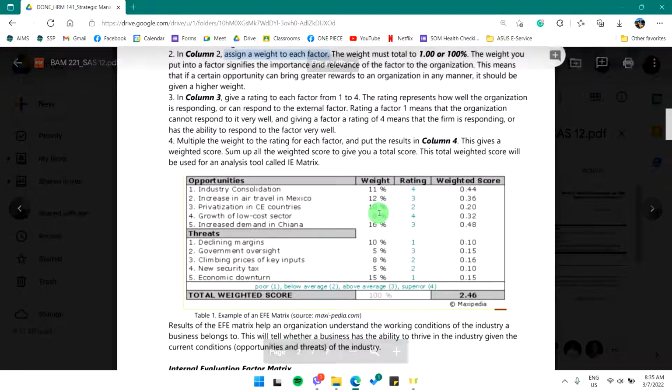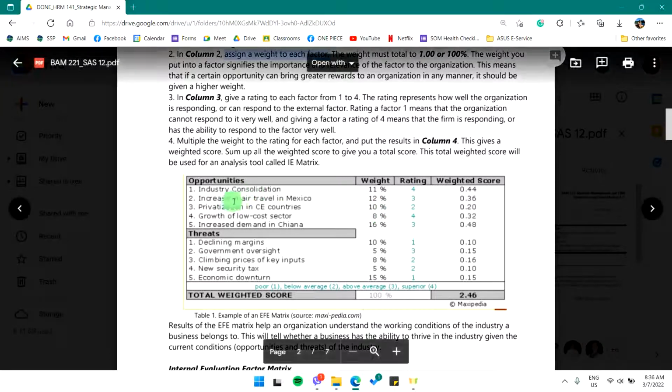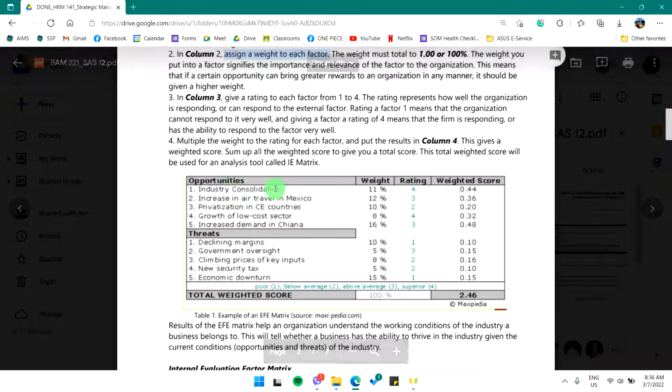What do we say about weight value? When we say weight value, ito na yung sa perspective ng business owners. Ito na sa perspective nyo, di ba, as students. Tingin ninyo gaano kalaki ang magiging epekto ng industry consolidation sa inyong company?